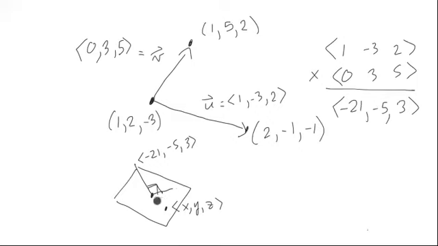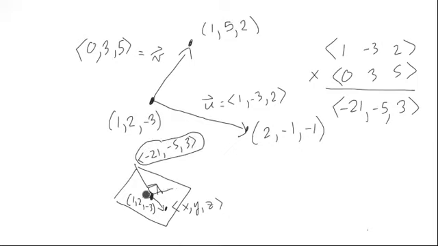Well, that's what the dot product is for, because if this vector from the beginning point that we choose, maybe it's 1, 2, -3, that would be good. That's in the plane. From that beginning point to x, y, z, that vector should always be orthogonal to this vector. And that's the condition for being in the plane.